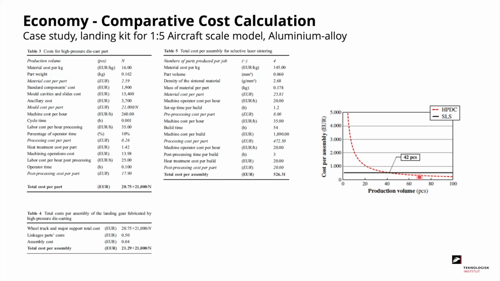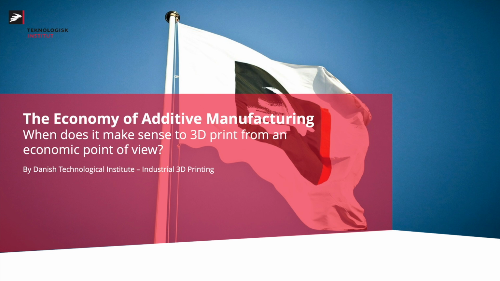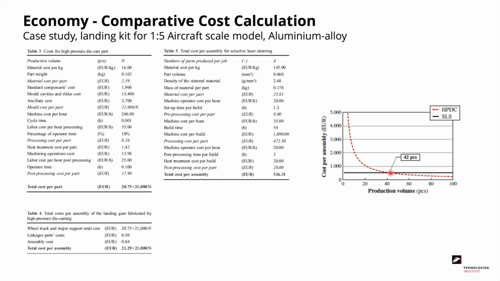You have this exponential curve shown in red, and the solid line shows the cost for additive manufacturing. Break even is at 42 pieces, meaning that if you have to produce less than 42 pieces, most likely you will choose to produce using additive manufacturing, while if you have to produce more than 42 pieces, most likely you will choose to use conventional manufacturing.